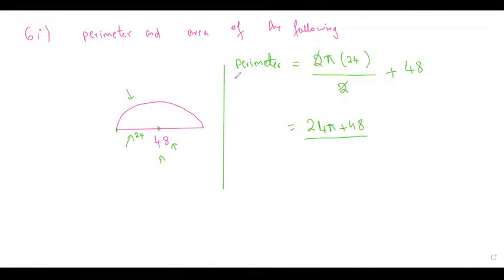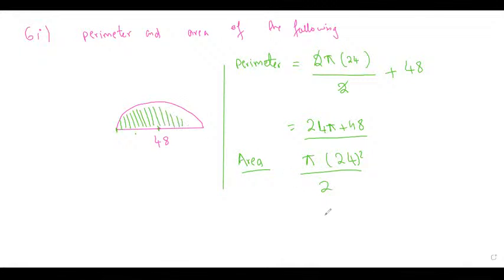Anything that you did not understand, Turhan and Saneem? No, it's clear. Okay. In case of area, that's very simple. We'll do it quickly. So area is pi r square. It would be 24 square and divided by 2 because we have the semicircle, right? So this would be the area.